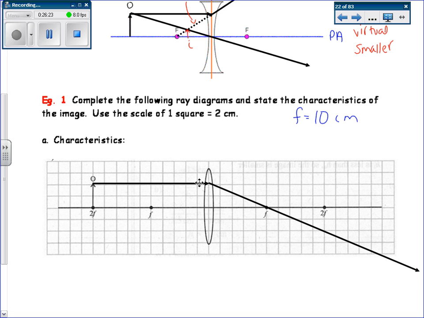And I have a tendency to draw my rays as long as I can, just because you really don't know where that image is going to end up. So don't just draw it at the focal point and stop. Take your rays to the end of the page.